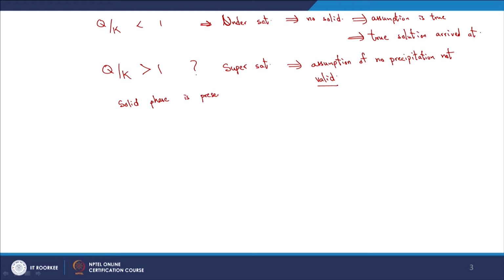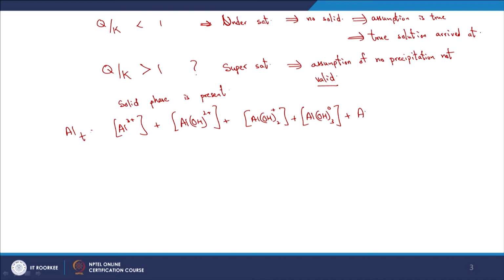So how will that Al total change now? Al total earlier was the Al3+ concentration plus all the four complexes usually formed: AlOH2+, Al(OH)2+ with a 1 charge, Al(OH)3, which is still the complex with 0 charge, plus Al(OH)4 with a negative charge.